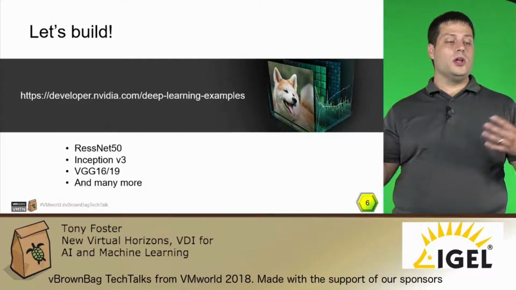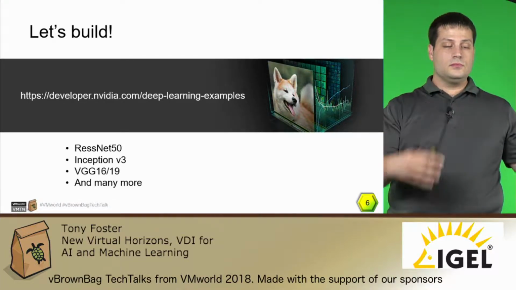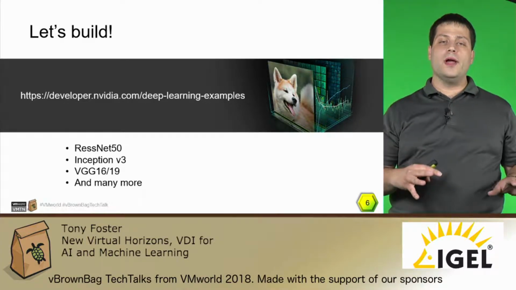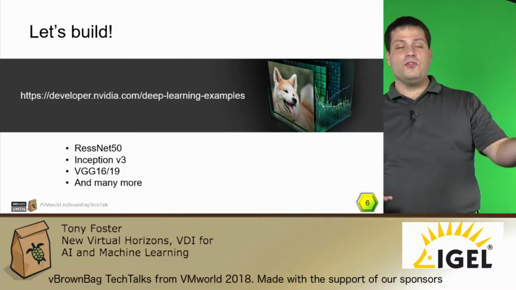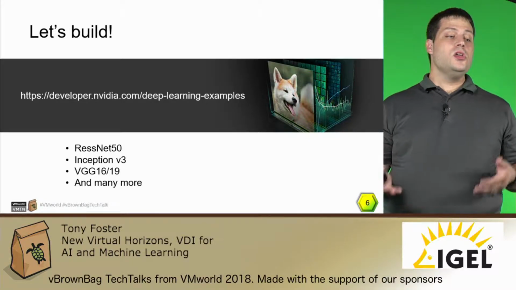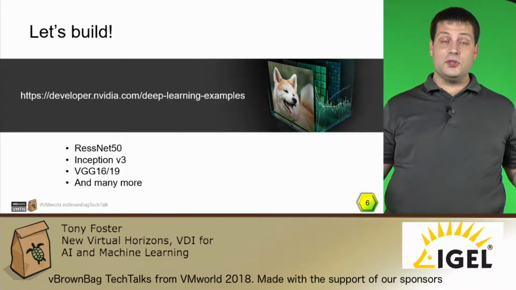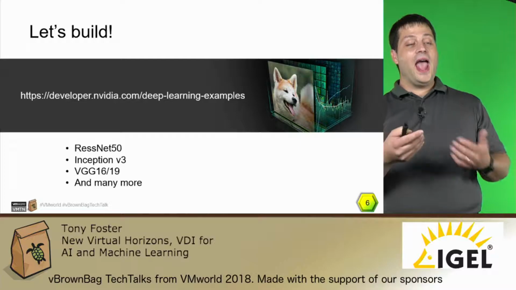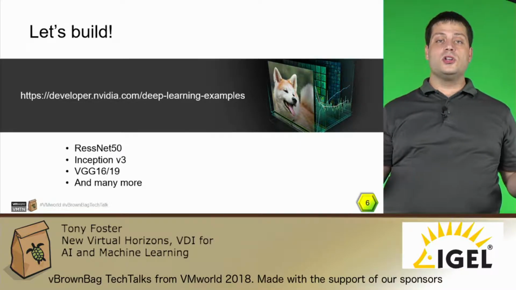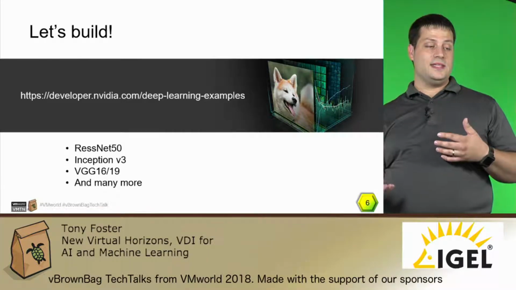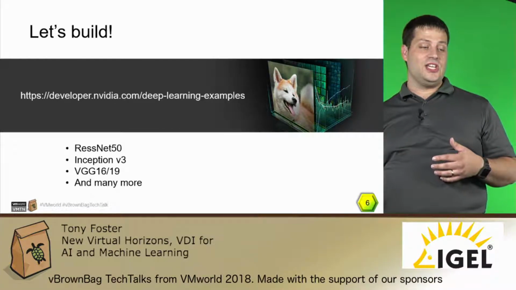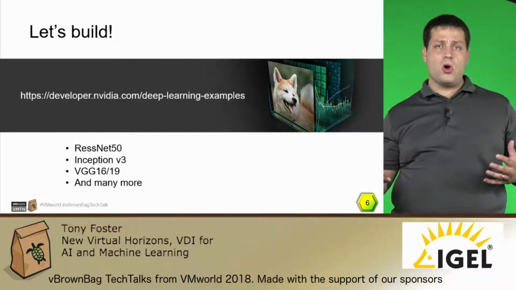Depending on what we want to do depends on what we're going to use to get there. If you follow the link here on this slide, you can go to NVIDIA's samples page for developers, and they have a large library of options that you can choose from, such as ResNet, Inception, VGG, and a bunch more.